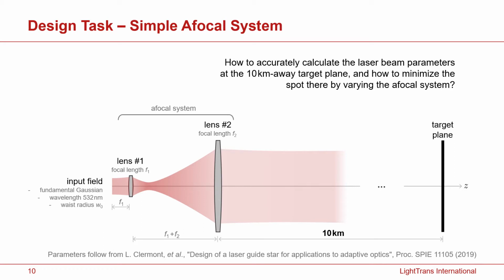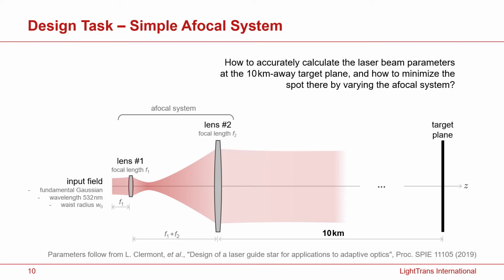The system doesn't look so complicated. It's just one laser source, which is modeled by a fundamental Gaussian, and then you have two subsequent lenses. The two lenses are constructed in a way that the distance between them equals the sum of their focal lengths. So it makes an afocal system.